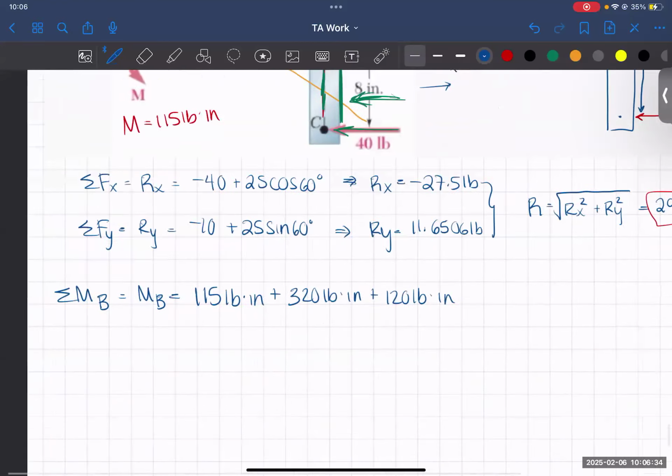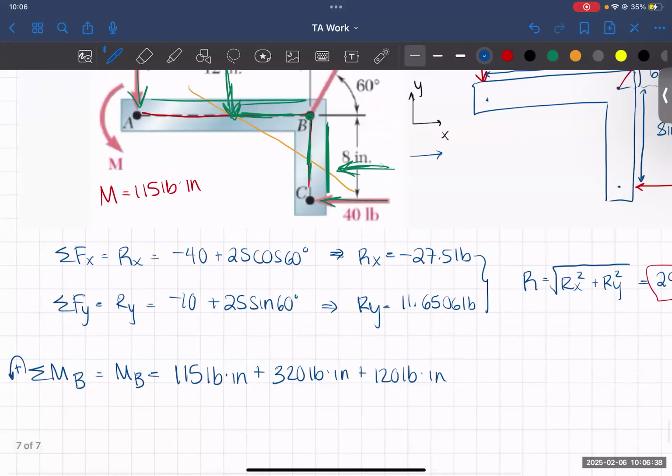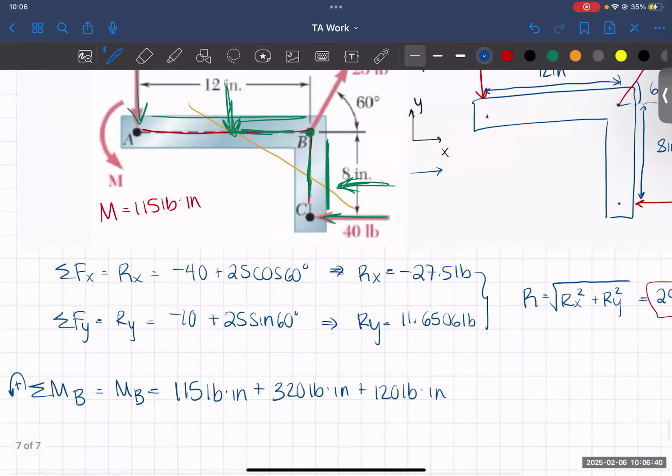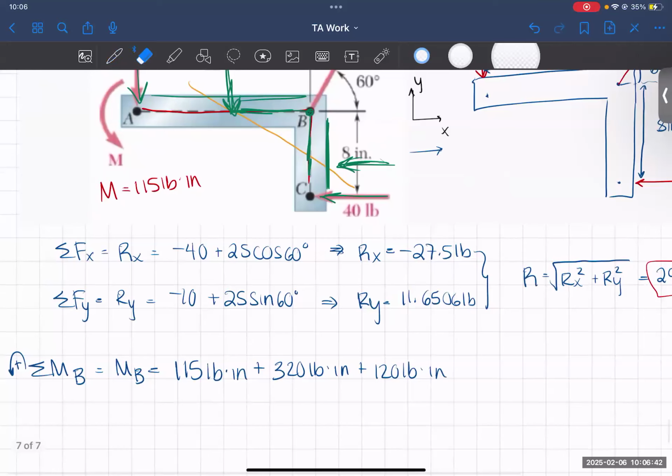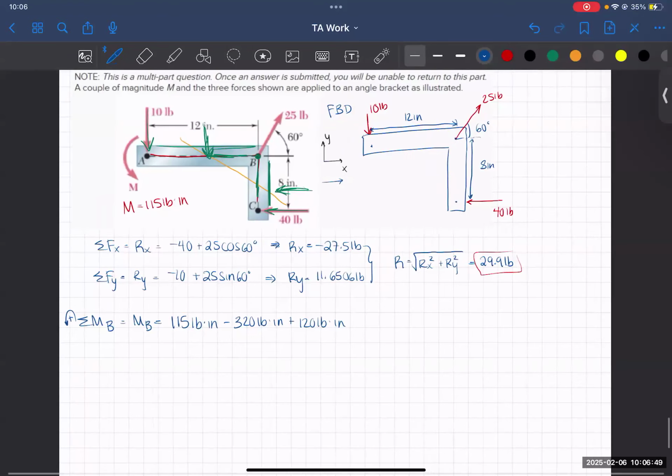Also don't forget to specify the direction. This is positive, so that's positive 320. The 140 is negative. Plus 120, yep.